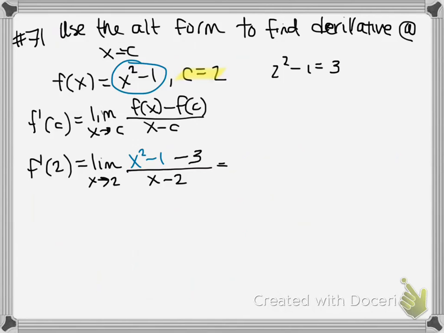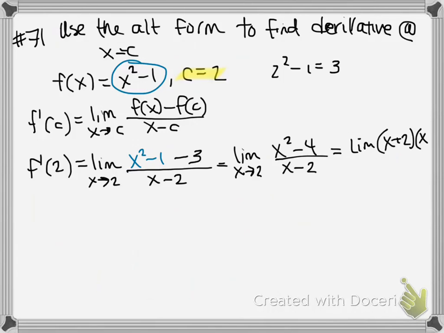And when I simplify that, I get the limit of x squared minus 4 over x minus 2 as x approaches 2. So then here, I know that I can simplify it even more. So that's x plus 2, x minus 2 over x minus 2 as x approaches 2. And I can cancel these out.